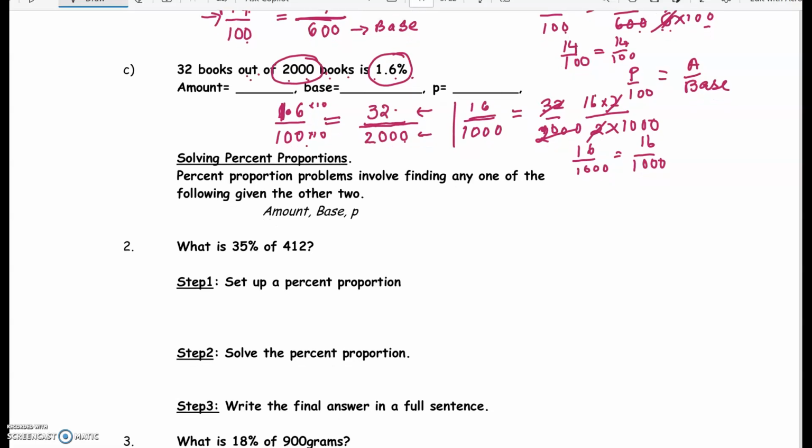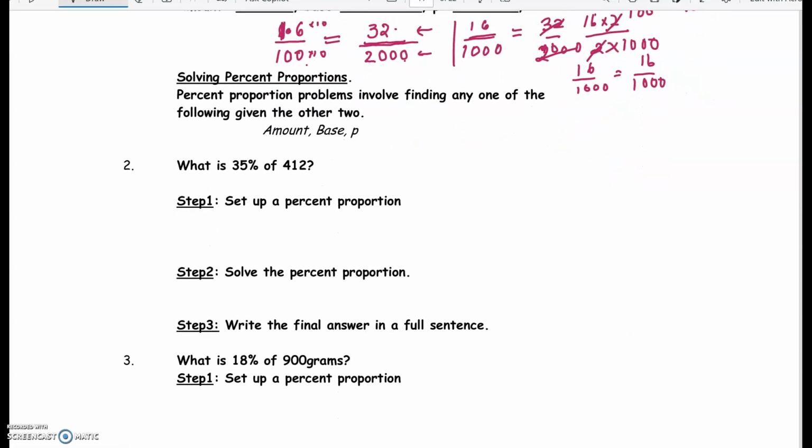Okay, now we're going to solve these percents. What is 35% of 412? So we set up a percent proportion. 35 over 100. That's the percent, which goes on one side, equals, we don't know what this is.